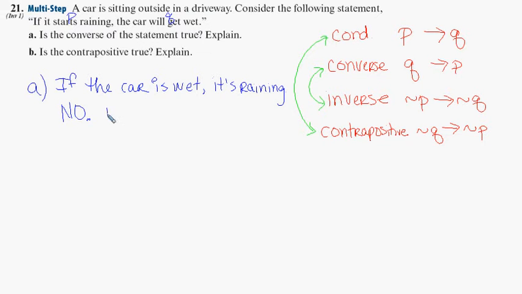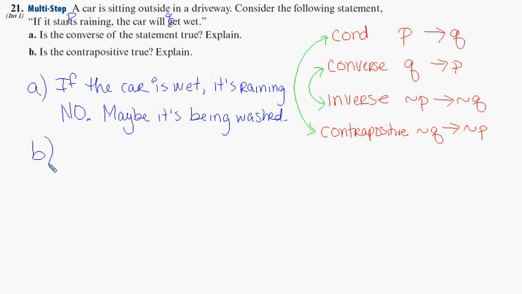No. Well, my grammar here is kind of bad. Let's do this. Maybe it's being washed. If it's being washed, then it could be wet and not necessarily raining. My car could use a wash right now. Whew, could it ever?